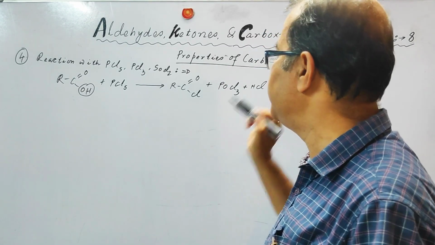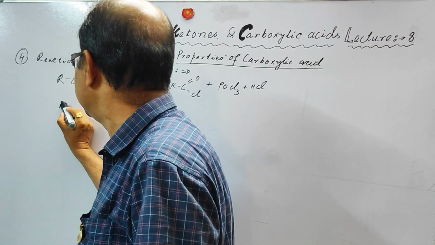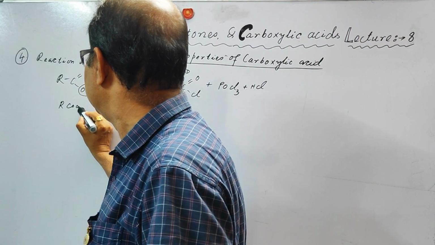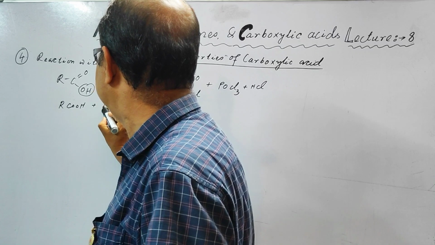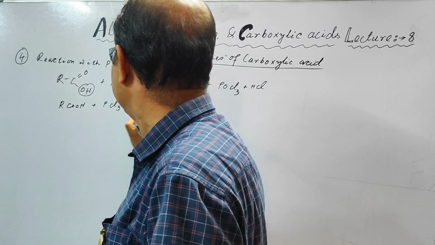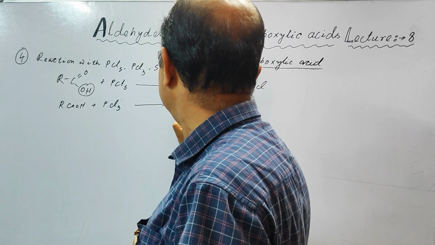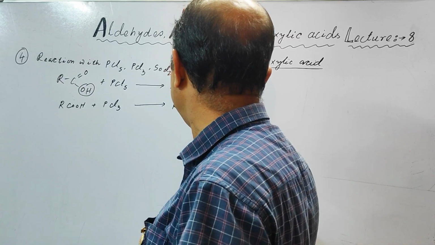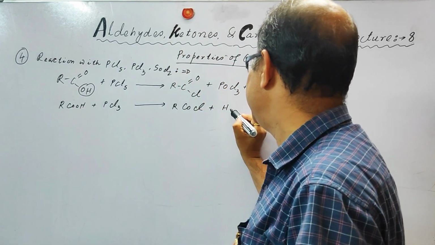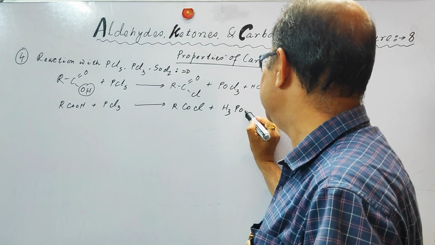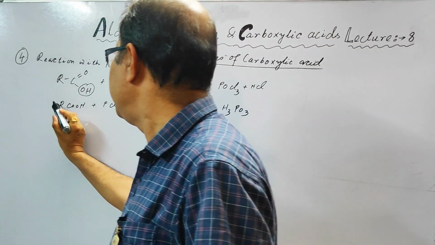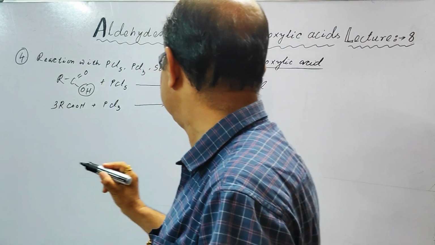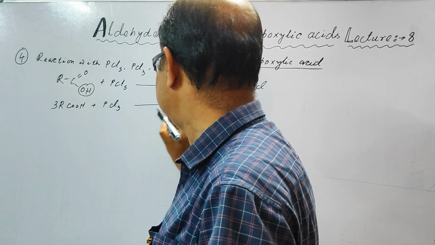This is a very important reaction. Another reaction, it will react with PCl3 and it is going to produce RCOCl plus H3PO3. So here we want to balance it, these 3 and these 3.